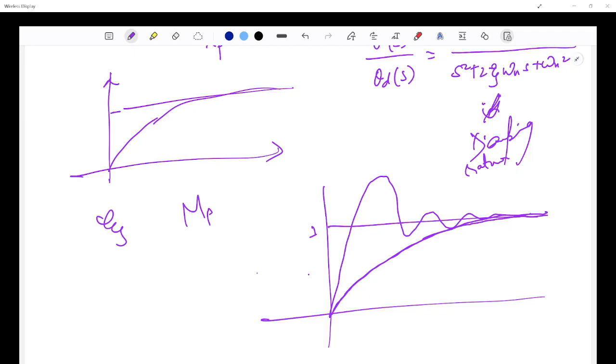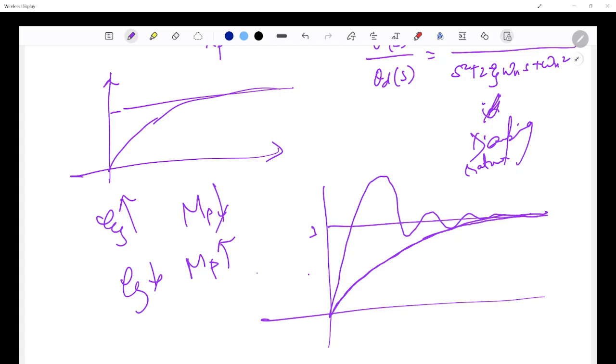So there is always a trade-off between damping and maximum peak overshoot. If you increase the damping of the system, you will have less overshoot. If you decrease the damping, your system will have more overshoot.